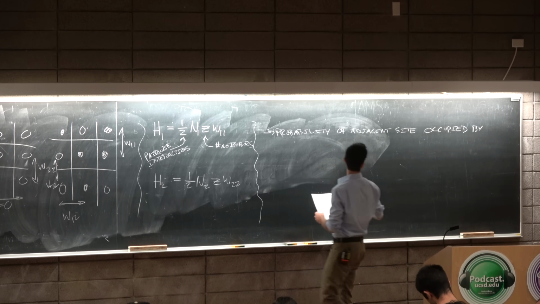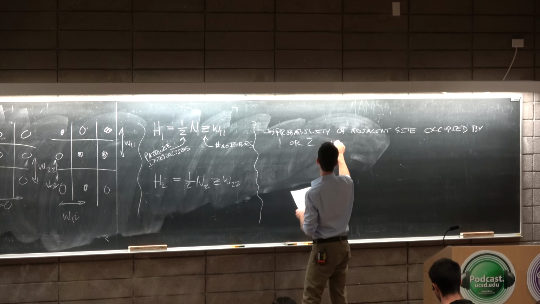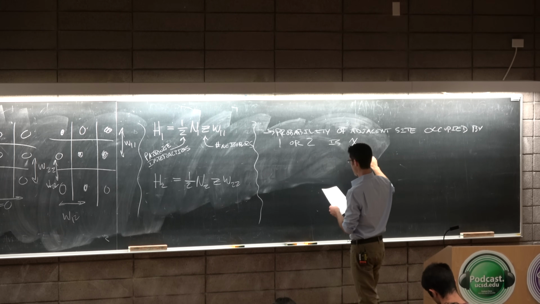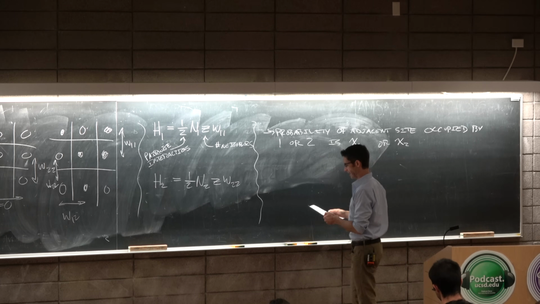So the probability of an adjacent site being occupied by 1 or 2 is x1 or x2.